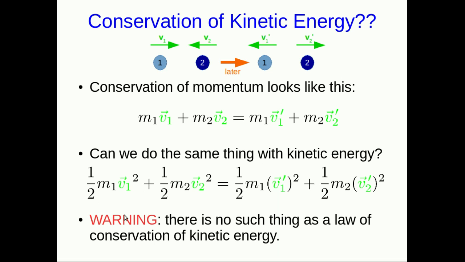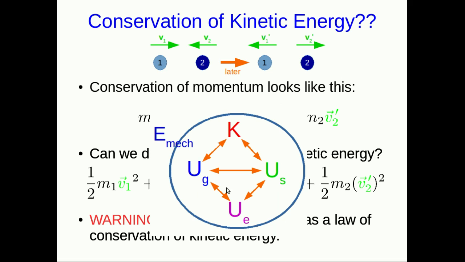But there's a problem. There's no such thing as a law of conservation of kinetic energy. There is a law of conservation of energy, but energy isn't quite like momentum. Momentum is momentum is momentum. All momentum is momentum. But there are several types of energy, and so kinetic energy can turn into other kinds.